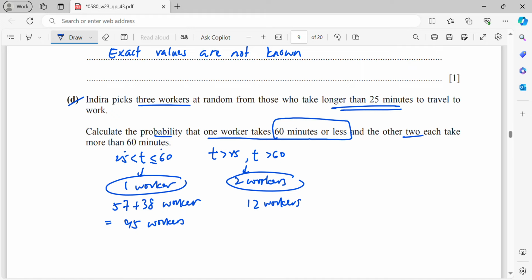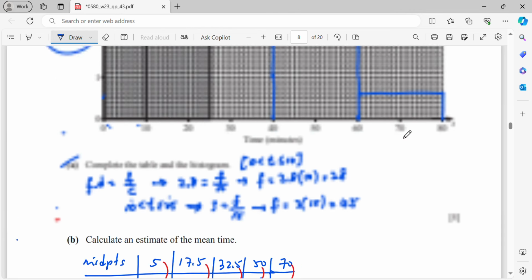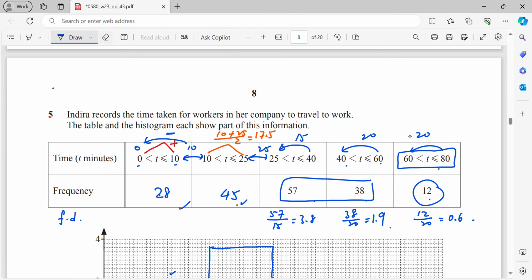Okay, then now your probability is calculated based on longer than 25 minutes. So when longer than 25 minutes, when you refer back to this table, it is basically 57, 38, and 12.